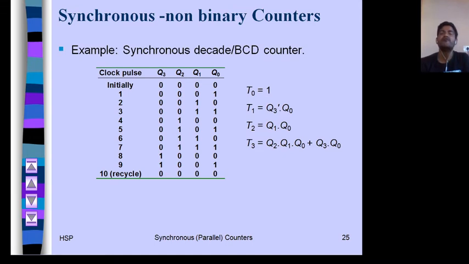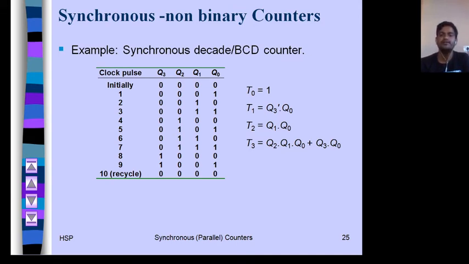The very first step is to draw the present state, next state table. This is also called the transition table. You will draw it first, then determine the number of flip-flops required. Then, with the help of the excitation table, you will determine the values of the flip-flop inputs.